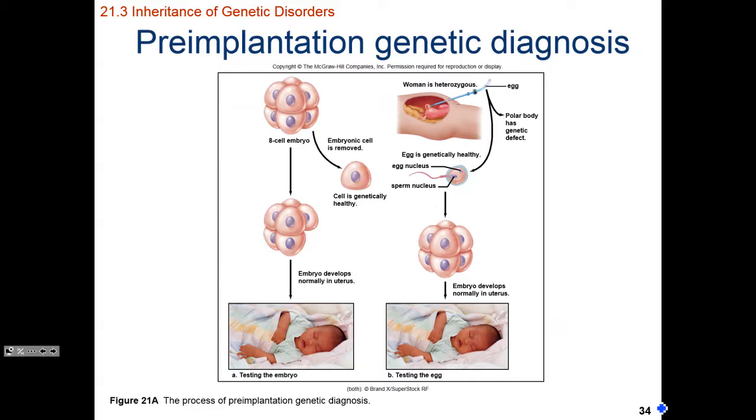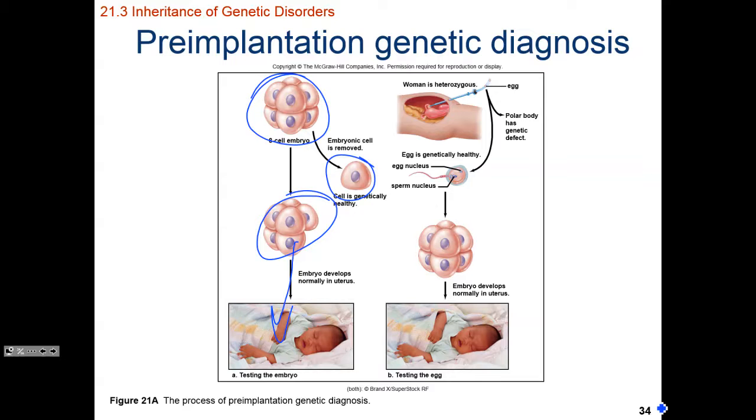In this situation, you can take the embryo in the test tube, harvest a cell from it, and then test it. And if that cell comes back genetically healthy, the rest of the embryo can be implanted and result in a healthy baby.